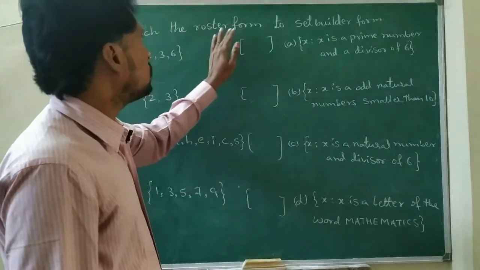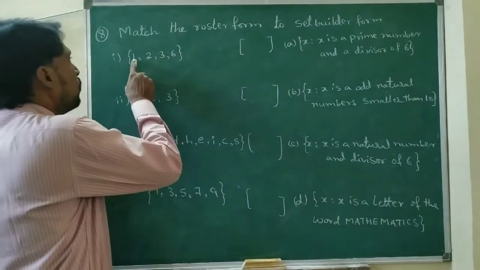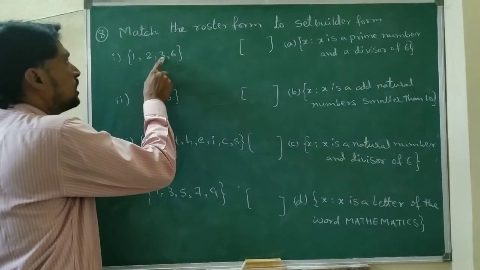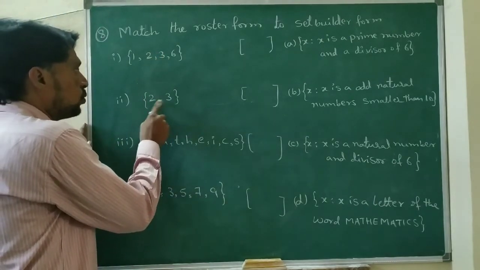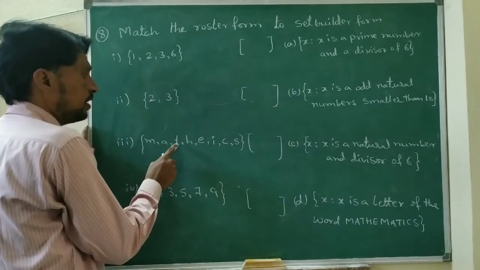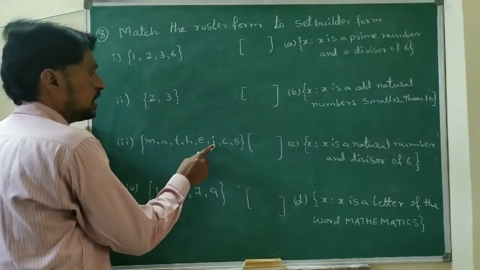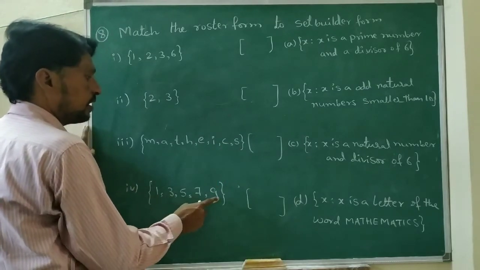Match the roster form to the set builder form. First one is 1, 2, 3, 6. Second one is 2, 3. Third one is the set of M, A, T, H, E, M, A, T, I, C, S. Fourth one is 1, 3, 5, 7, 9.